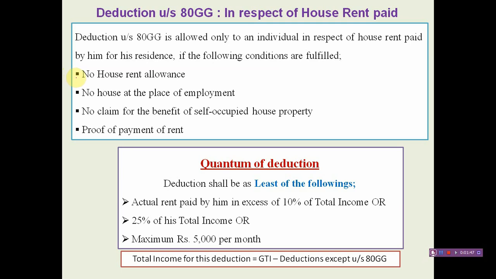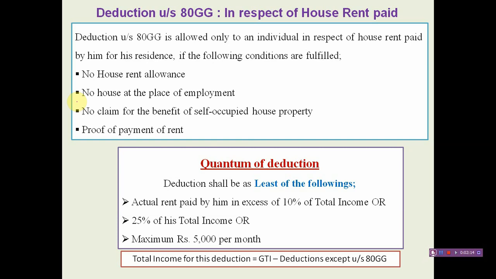It means an individual does not receive house rent allowance. Second condition, no house at the place of employment. And third one, no claim for the benefit of self-occupied house property while computing the income from house property.